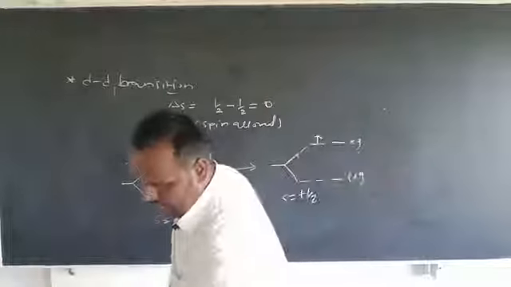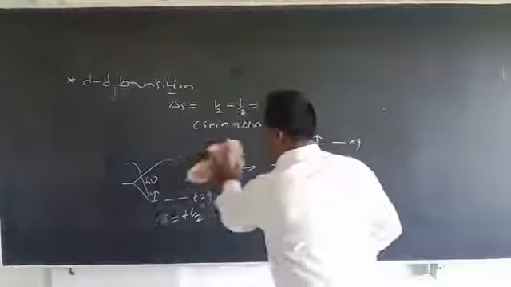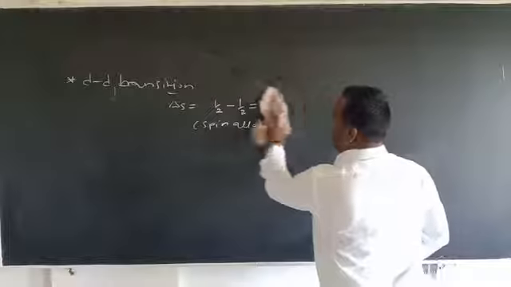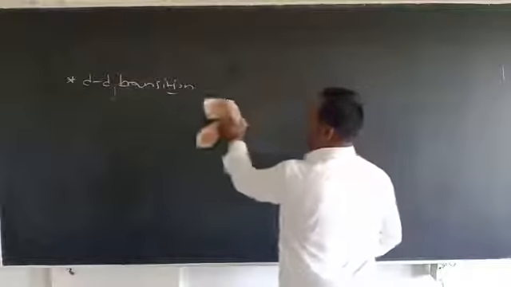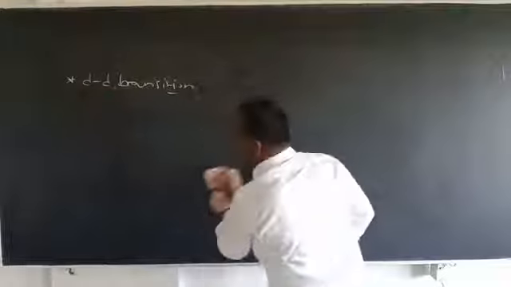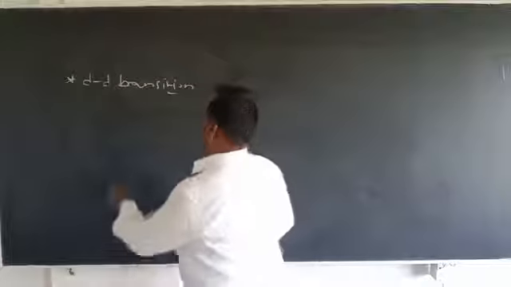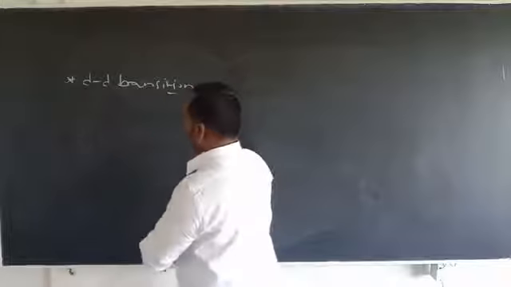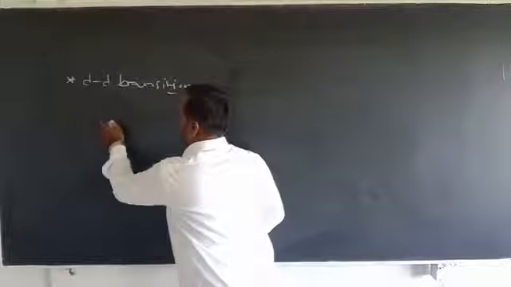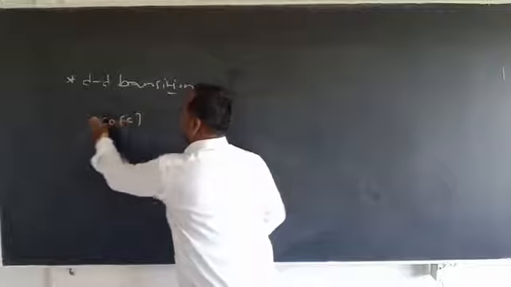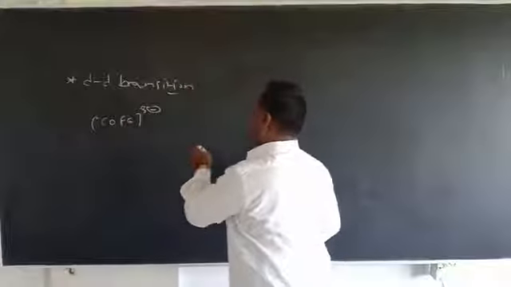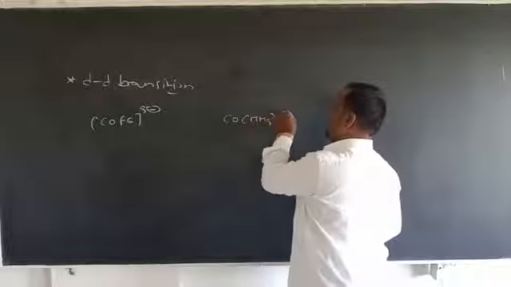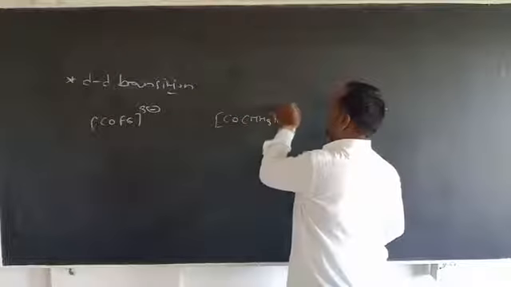If you consider another example, of a chromium or cobalt complex, that is CoF6 3-, another is Co(NH3)6 3+.